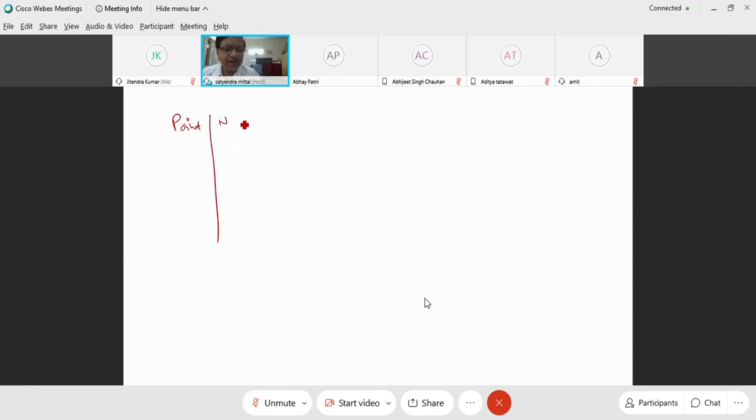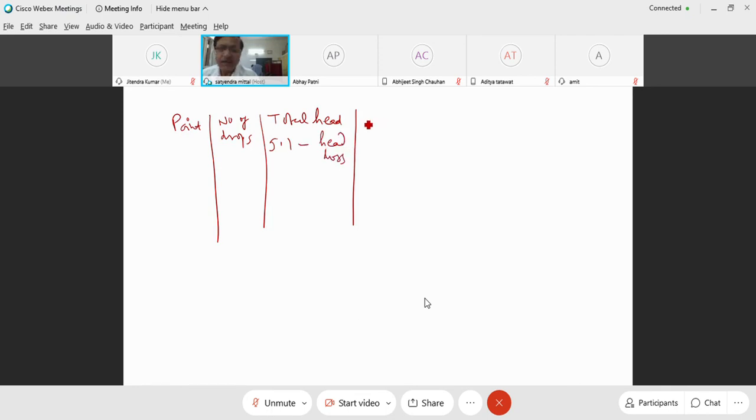So point A, B, C, D, then number of drops at that point, then total head, same as I have explained already, it will be 5.1 minus the head loss, right?